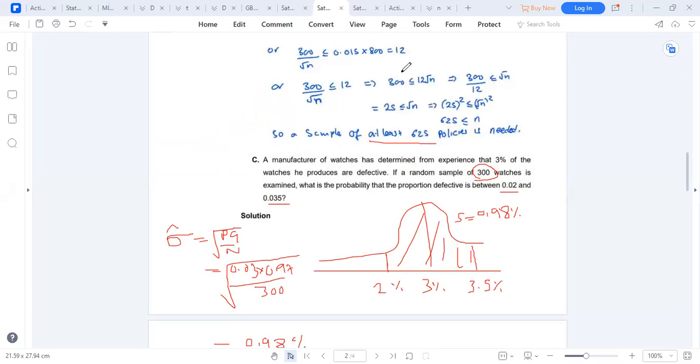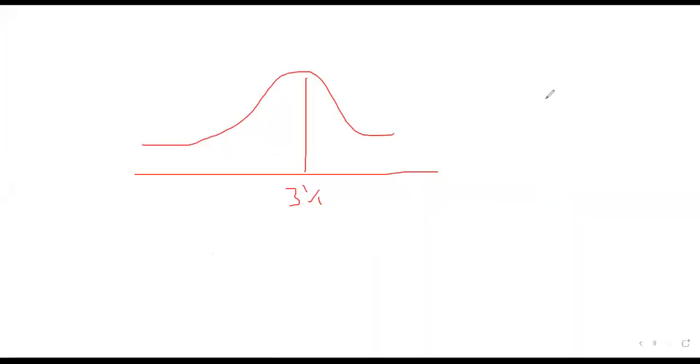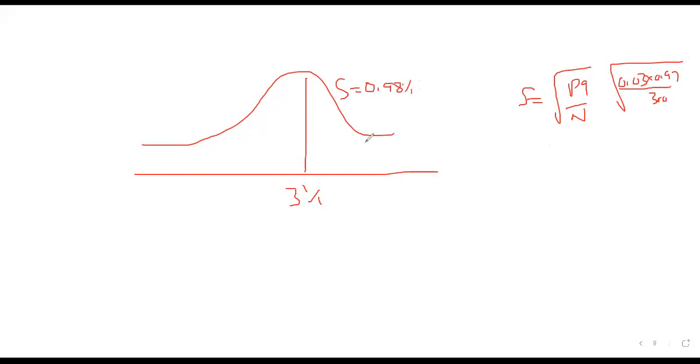So meaning that 300 is helping us calculate the standard error or standard deviation in short. It's equal to the square root of PQ over N. So our P was 3% times the Q. So 0.03 times 0.97 over N 300 and square root. The standard deviation you're going to get is 0.98%.